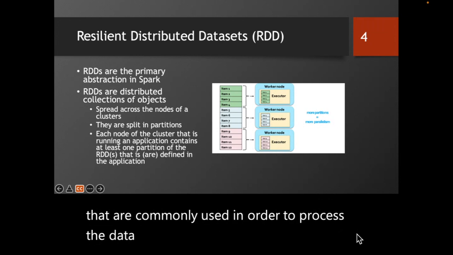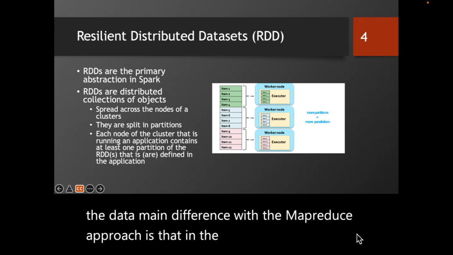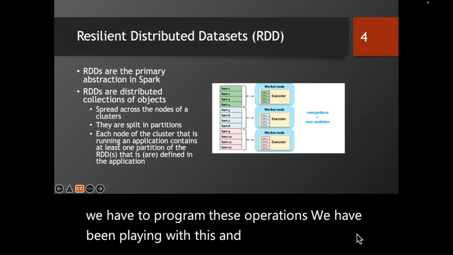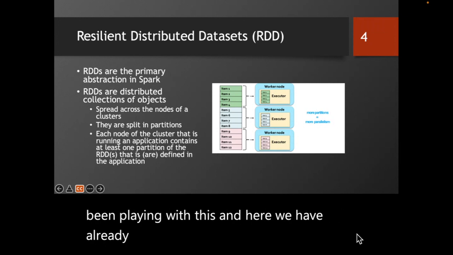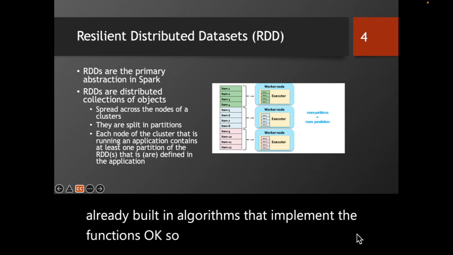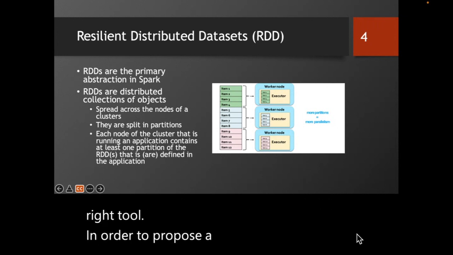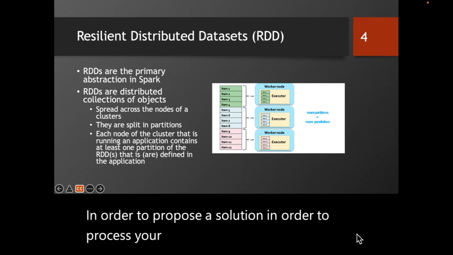The main difference with the MapReduce approach is that in MapReduce, we have to program these operations. We have been playing with this, and here we already have built-in algorithms that implement the functions. So the idea is just to choose the right tool in order to propose a solution to process your data. That's one thing.